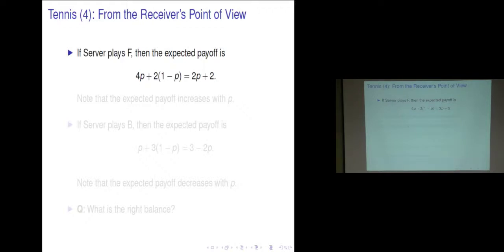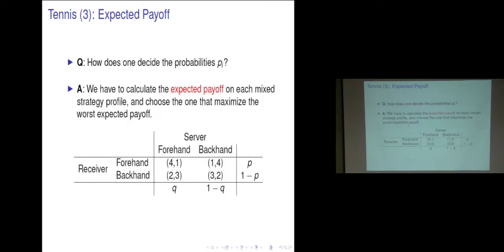So if the server plays F, her first strategy, then the expected payoff is 4P plus 2 times 1 minus P. So let's go back to here. Now we are the receiver. Suppose our opponent plays strategy 1. What is the expected payoff?